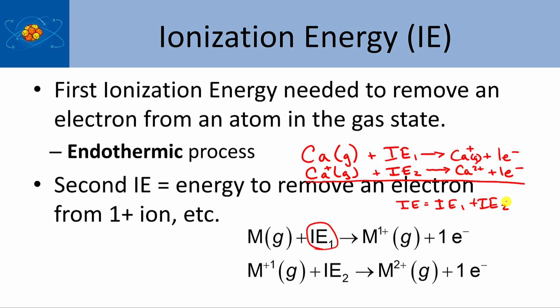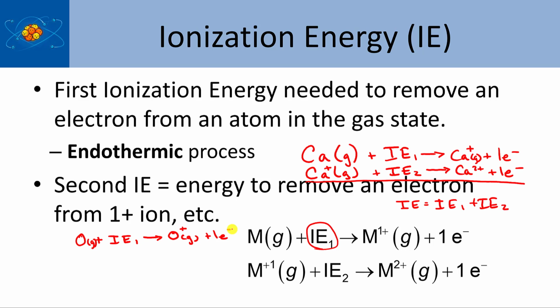Let's say we're talking about oxygen, because oxygen normally makes negative ions. Oxygen can be done the same way. I have oxygen, and I add IE1 in the gas phase, and it's for atoms, by the way, so not O2 in this case, but O. That's going to form O in the gas phase as a positive ion plus 1 electron.